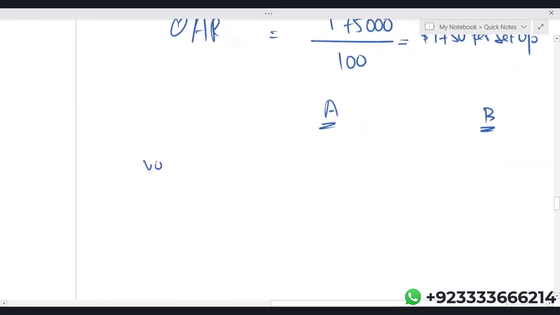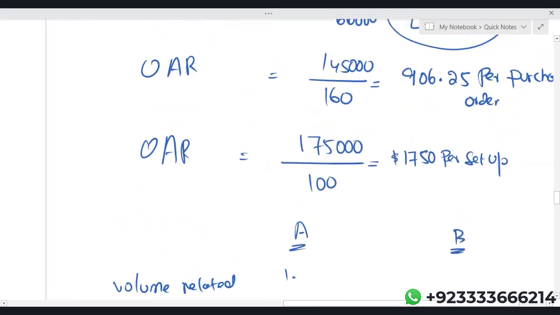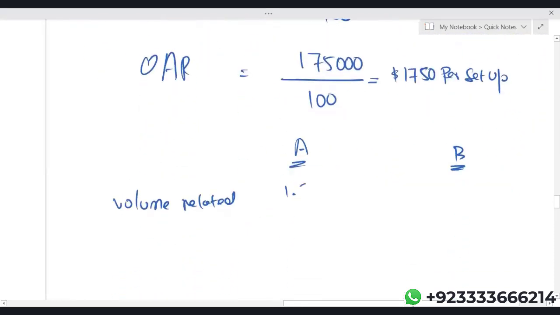So volume related overheads, if we allocate 1.515 multiplied by 6,000 hours, I'm getting 9090.91.